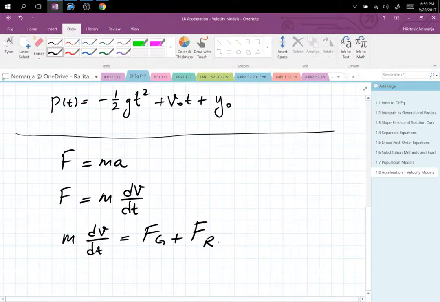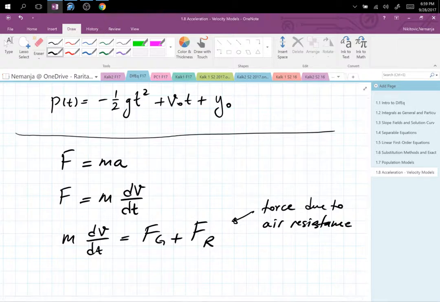Now, Fr, which is our force due to air resistance, is going to be proportional to the square of the speed at which you are going.